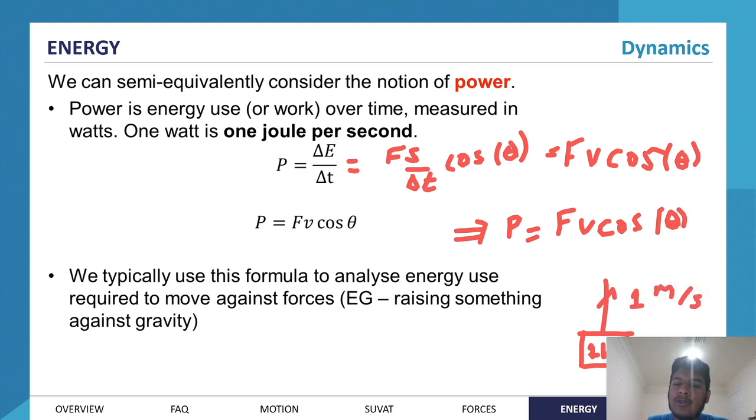Here the angle between the weight force and the velocity vector is actually 180 degrees, so they're anti-parallel, and cos 180 is negative. If we take the magnitude, the power required is force of 9.8 times velocity of 1, so force times velocity is 9.8, so 9.8 watts of power.